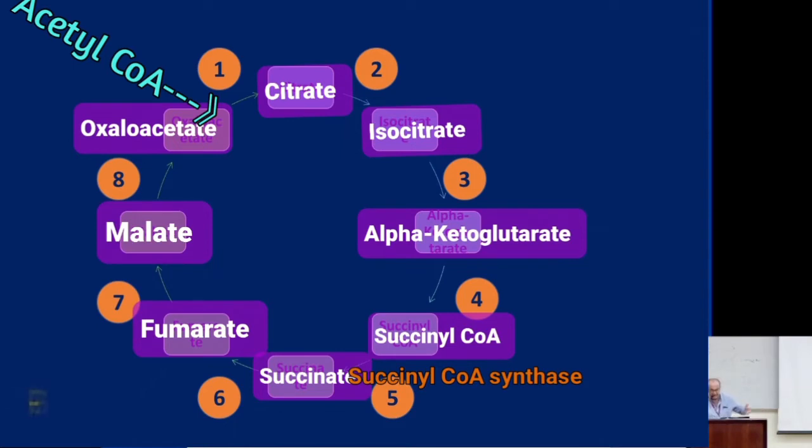And GTP has the same energy as ATP. So again, this is an energy producing step. So thus far, we produced 2 NADHs and a GTP.